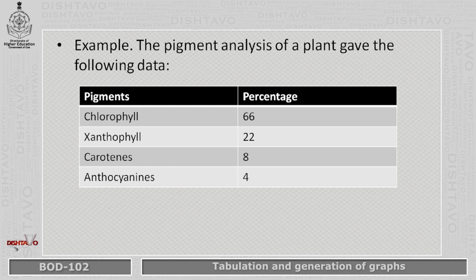The pigment analysis of a plant gave the following data of the pigments in percentage. So what you do is you multiply these values by 3.6 degrees and then you get the degrees to which a pie chart will be seen.